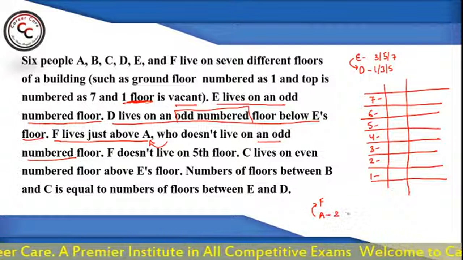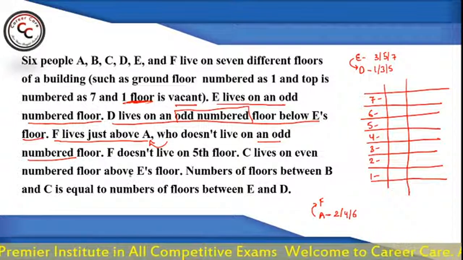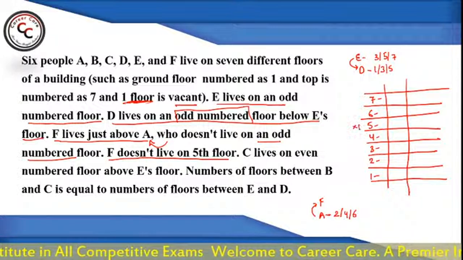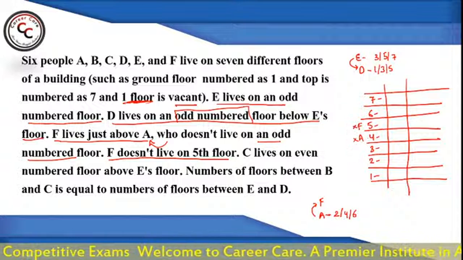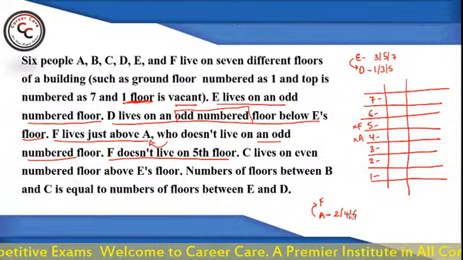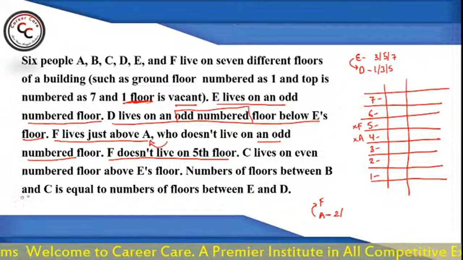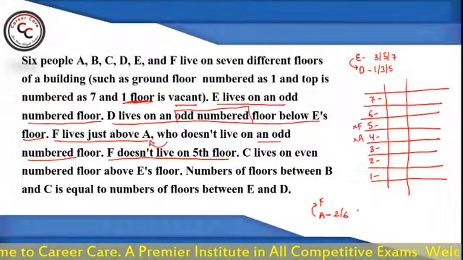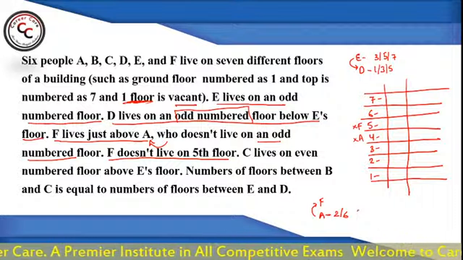So what are even floors? 2, 4, 6. Simple. F does not live on the 5th floor. So F cannot live on the 5th floor. That means A cannot live on the 4th floor. Simple. Why? Because below F, A should be present. That means A cannot live on the 4th floor. Sorry, A will be living on floor number 2 or 6.